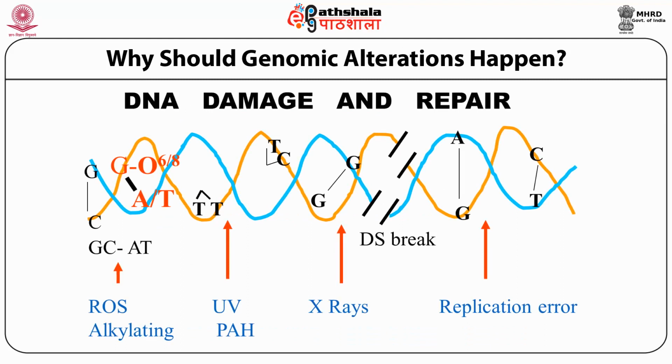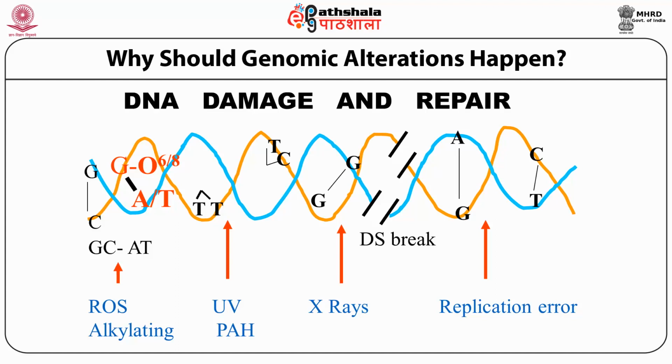Why should these genomic alterations happen? As we had already seen in the previous slide, DNA damage is most commonly caused by chemicals like cigarette smoke, heavy metals, radiations, etc. These can damage the DNA by either causing something like a thymidine dimer or by the formation of adducts.